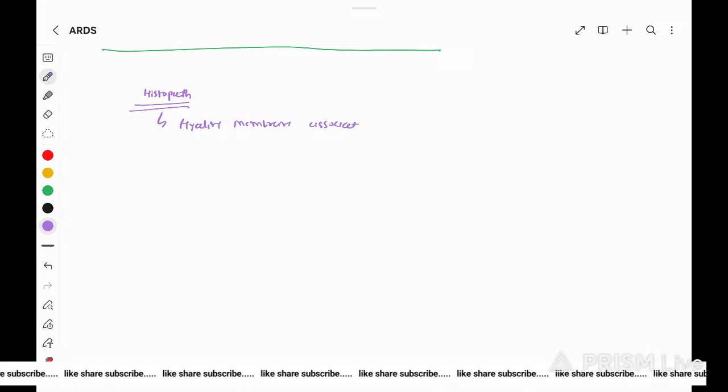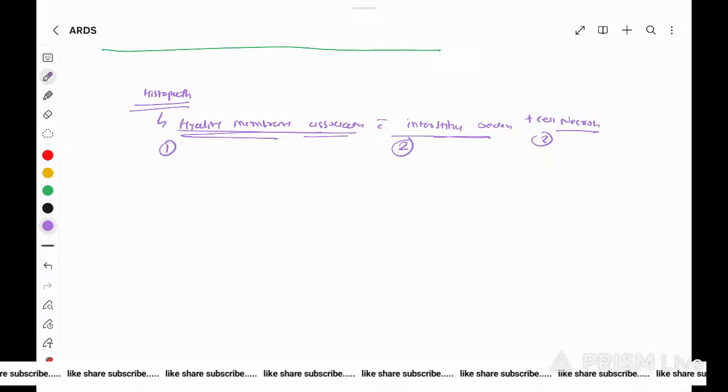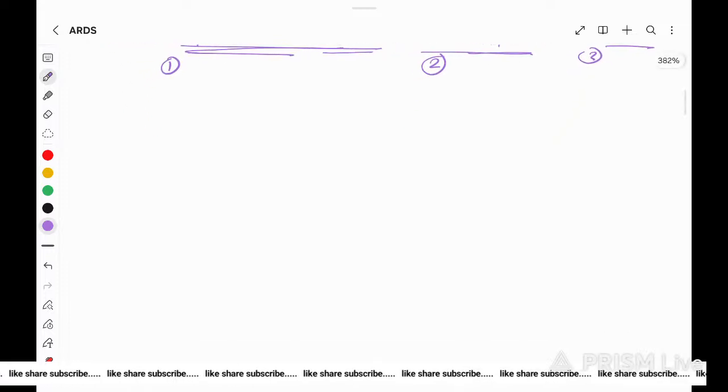Hyaline membrane associated with interstitial edema plus cell necrosis. So the introductory part of ARDS is done.